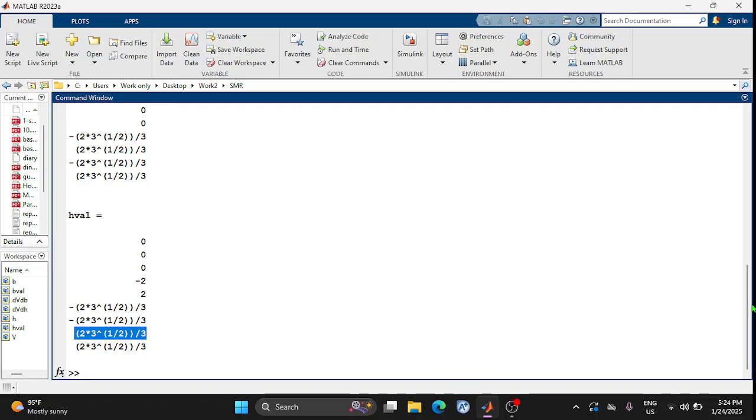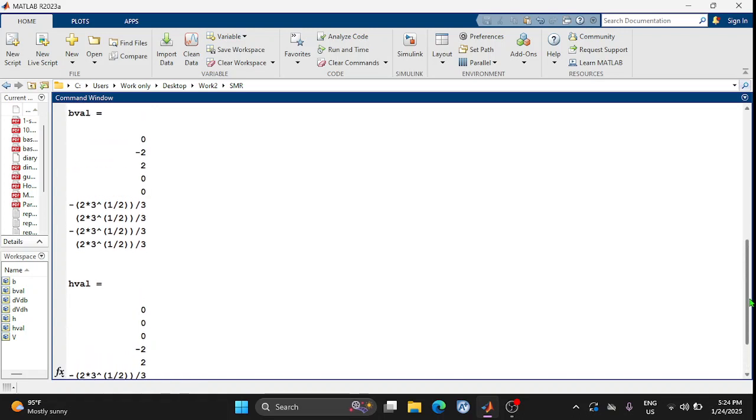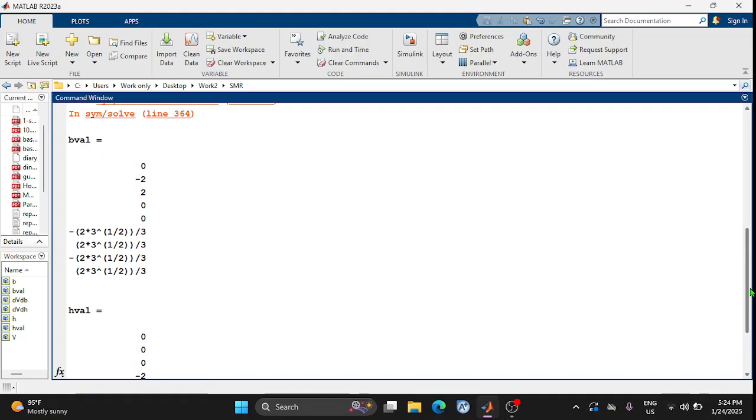So if we say our bvar is now, let me just declare a set. Our 2 is the third entry of bvar. And our 2 over root of 3, that is this expression, is 1, 2, 3, 4, 5, 6, 7, the 7th entry.